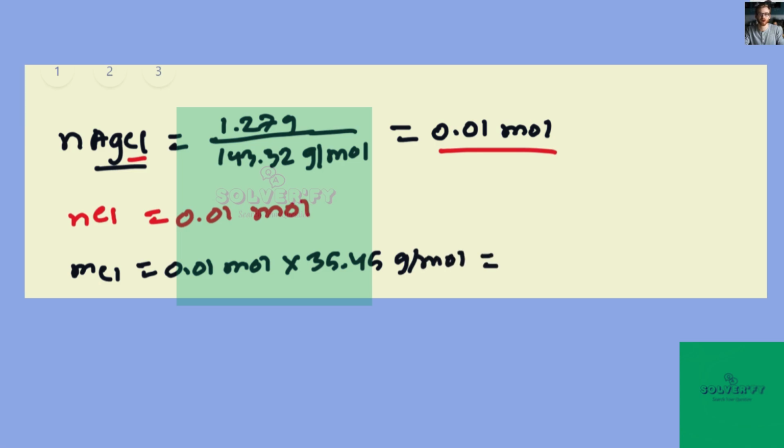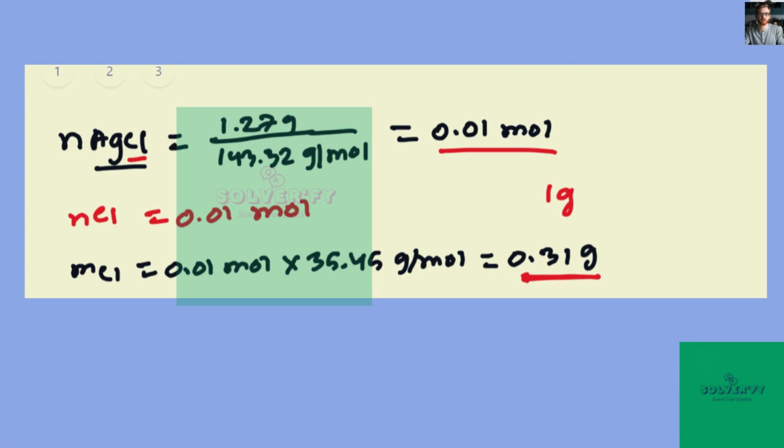It will give us a value of 0.31 gram. So this is the amount of chlorine produced in the form of AgCl, that means this is the amount of chlorine in the original sample of 1 gram.